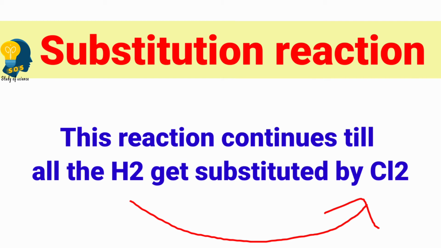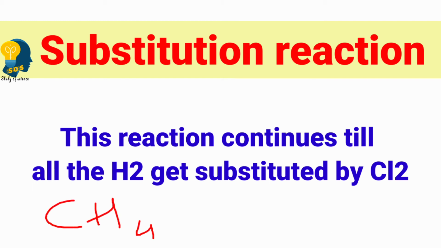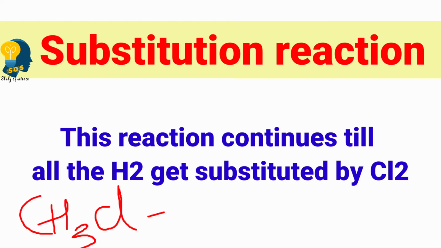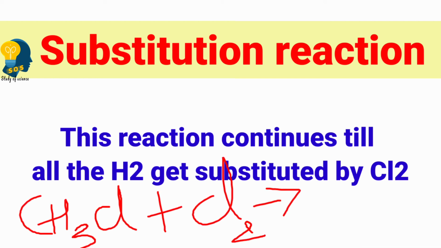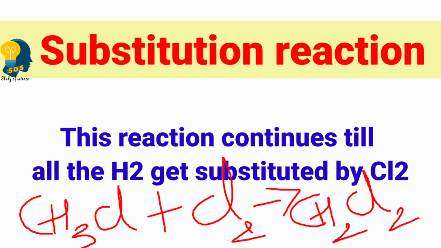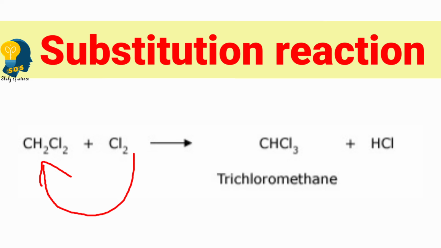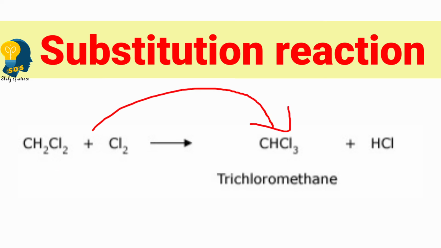See, for example, we have seen methane, and for this methane, chlorine is added. As a result, chlorine substitutes the hydrogen. We get chloromethane, correct? And for this chloromethane, again we add chlorine. Again, the chlorine replaces the hydrogen in the presence of sunlight. As a result, dichloromethane is formed. And for this dichloromethane, again when we add chlorine, this chlorine replaces the hydrogen from dichloromethane. As a result of this, trichloromethane is formed.